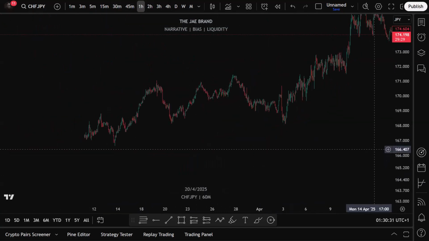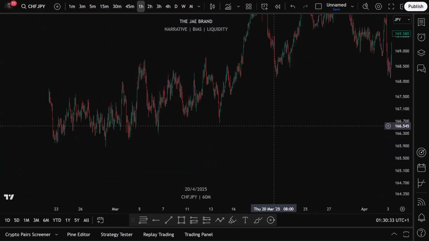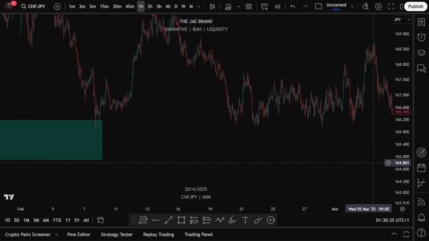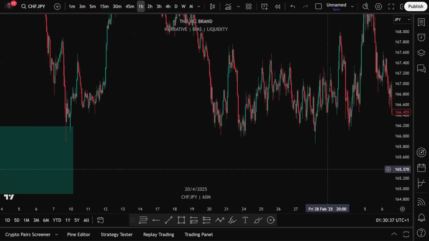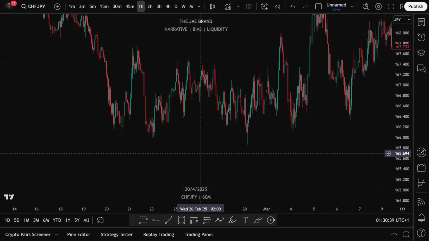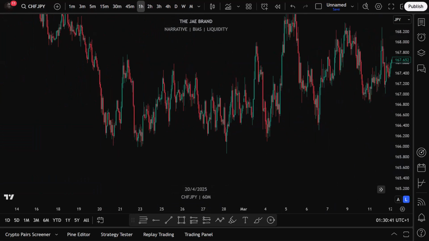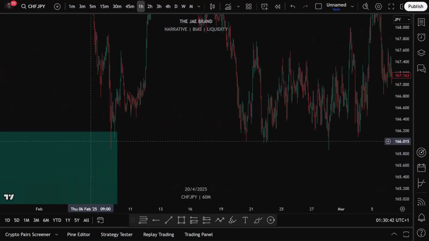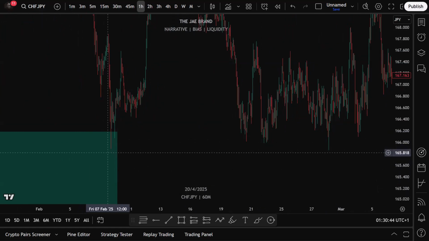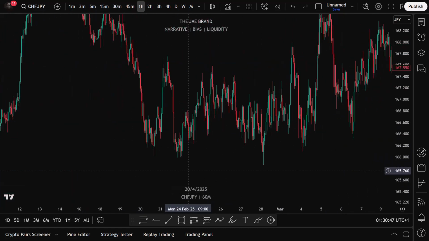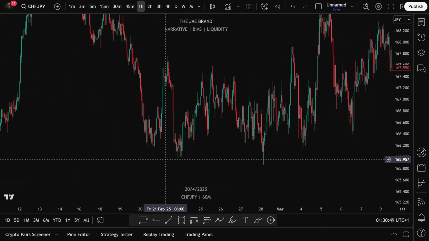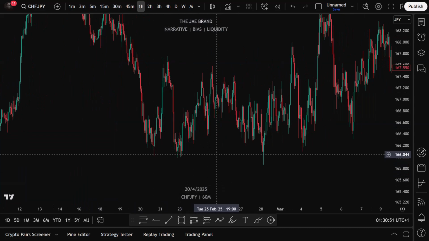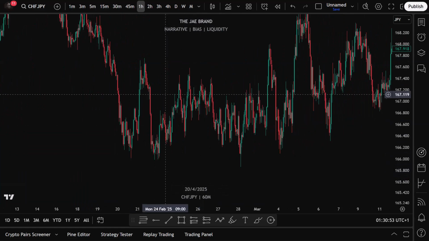So I had so many opportunities here some weeks ago. Already we can see that this POI has been mitigated, so we have some kind of confidence to actually take our trades from this area, especially when we get the right entry model.